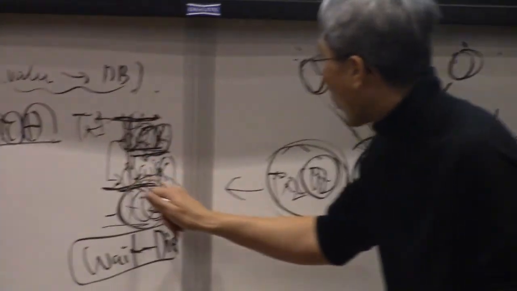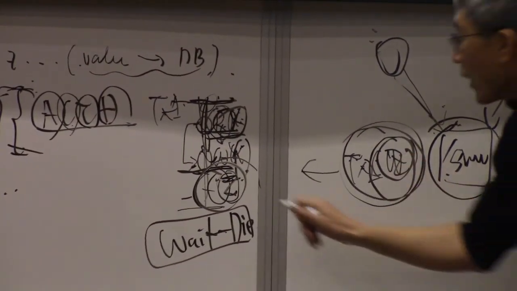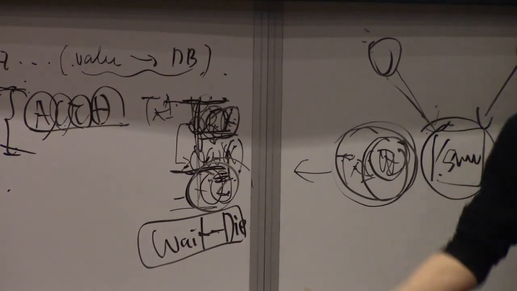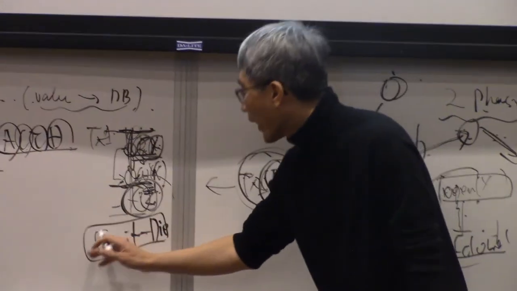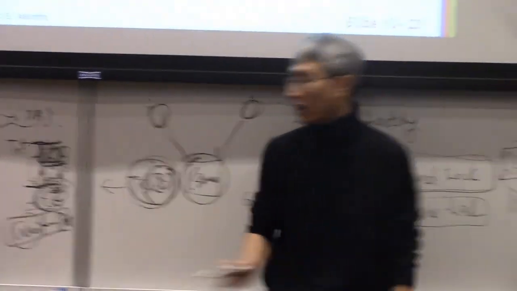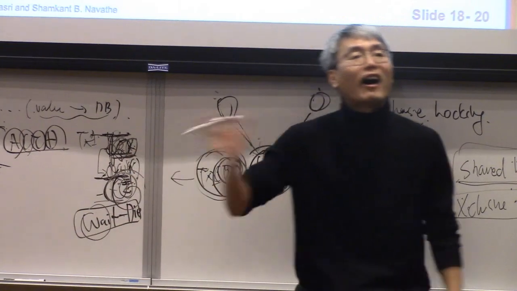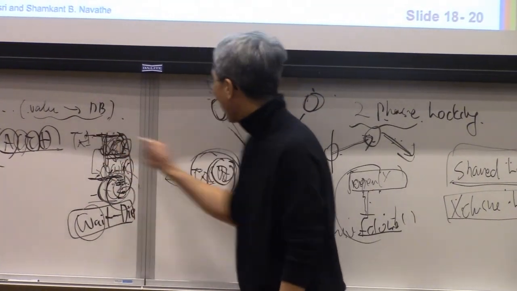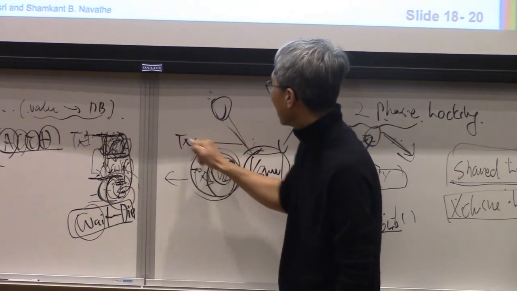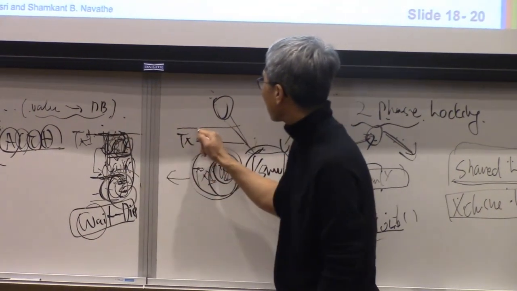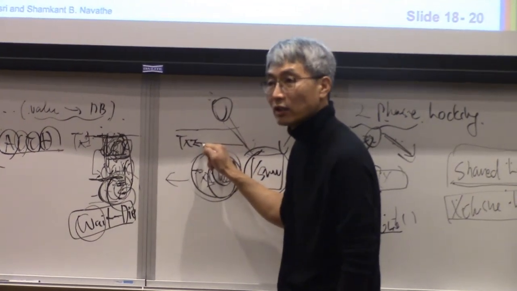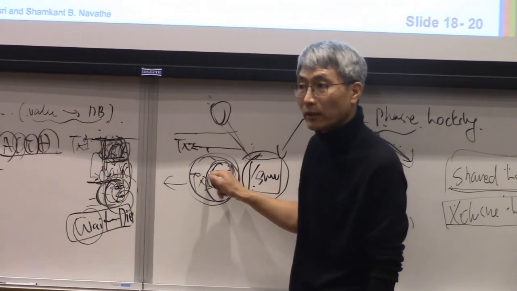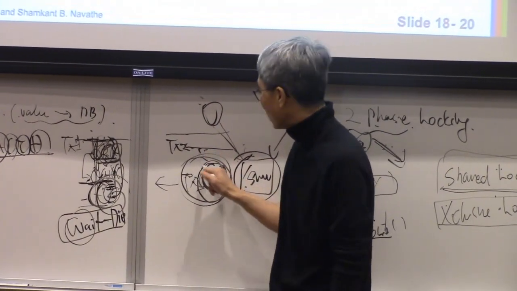Then transaction 1 is asking for Z. At that time, check which one is older. The older one can take the resource, or otherwise just wait. If this one is younger, then we terminate this transaction. If this one is older, like transaction 1 starts at this time and transaction 2 starts at this time, then transaction 2 can take Z. That may be possible, right? Even though it started late, it can take it.